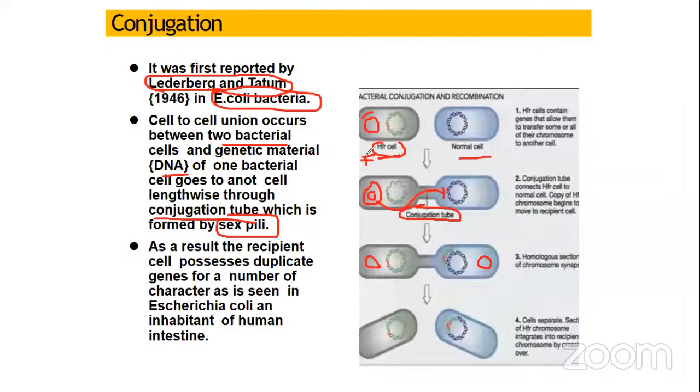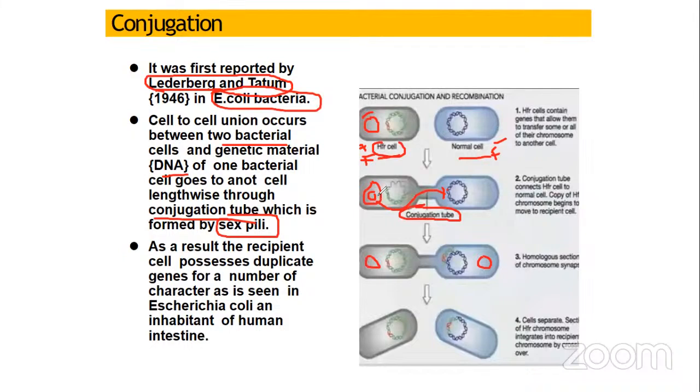Now what happened? This is called F plus. But in the normal cell, is the F plus plasmid present or absent? Before conjugation, absent. So it is considered F minus, right?